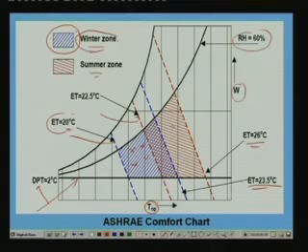That means if your condition lies somewhere in the red zone, then the conditioned space will be comfortable during the summer. And you can see that there is an overlapping area for winter and summer zones. If the conditioned space lies in this overlapping zone, then a person wearing summer clothes will feel slightly cooler, and a person wearing winter clothes will feel slightly warmer.